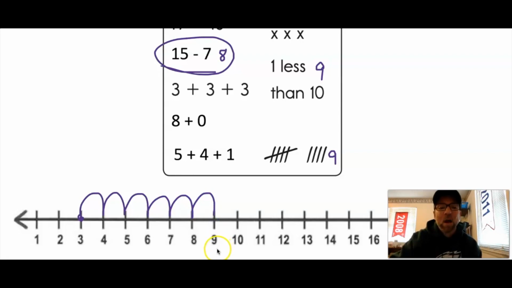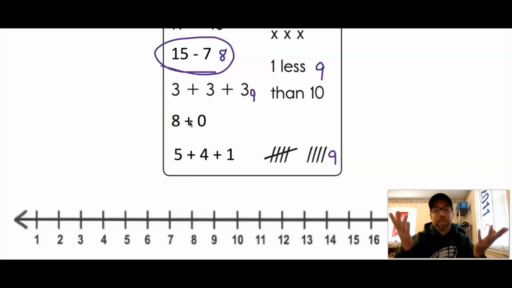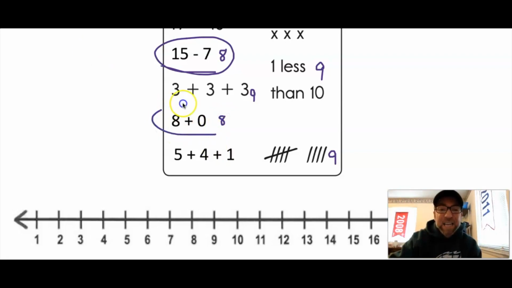And I landed on the number 9. So that equals 9. That's a name for 9. The next number model is 8 plus 0. Anything plus 0 equals itself. So this equals 8. That does not equal 9.